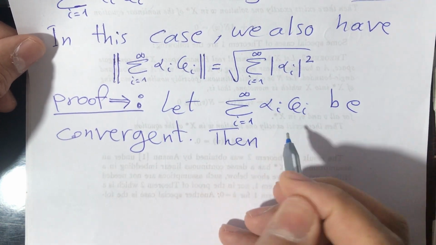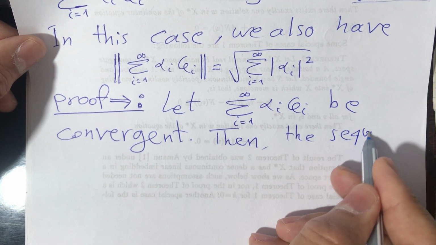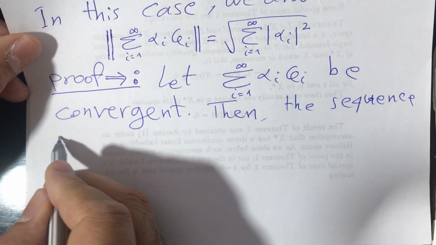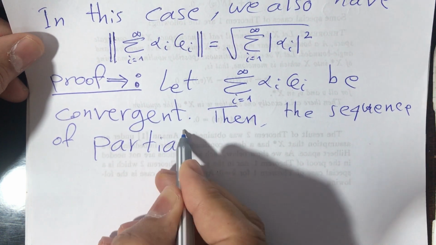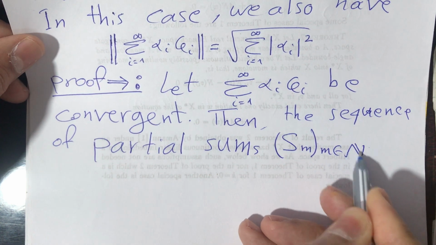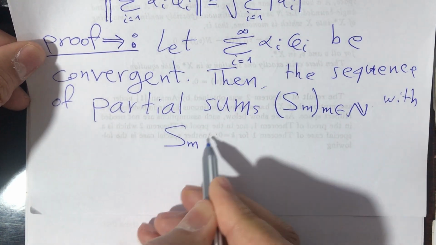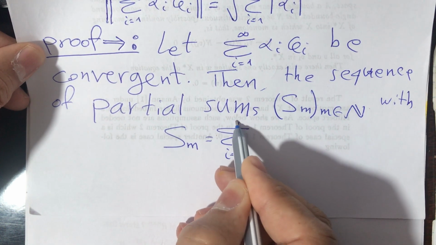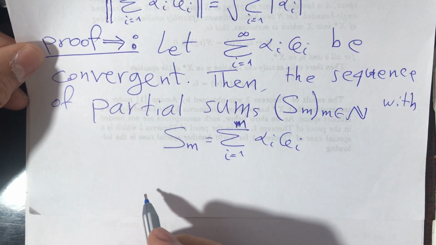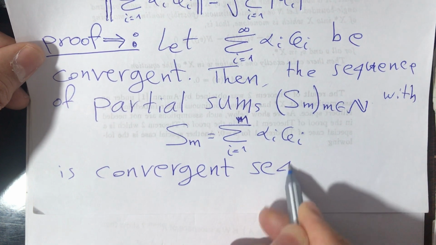Then the sequence of partial sums S_m, m belongs to the natural numbers, with S_m equal to the summation I from 1 to m of alpha I phi I, is a convergent sequence.